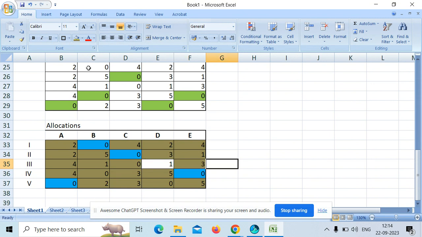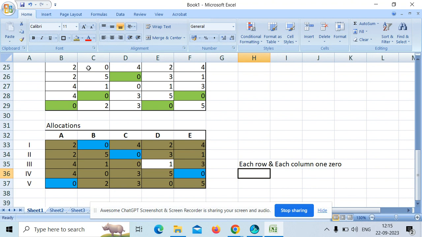So again I'll repeat one more time. Each row and each column, one 0.